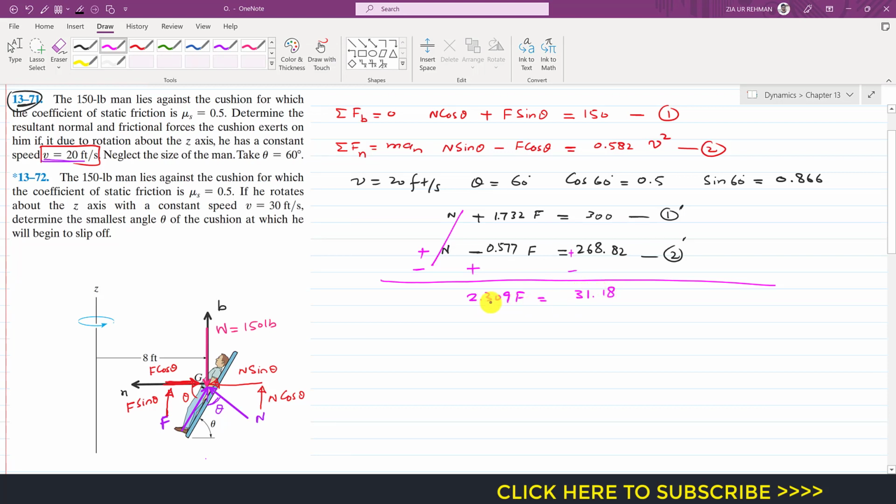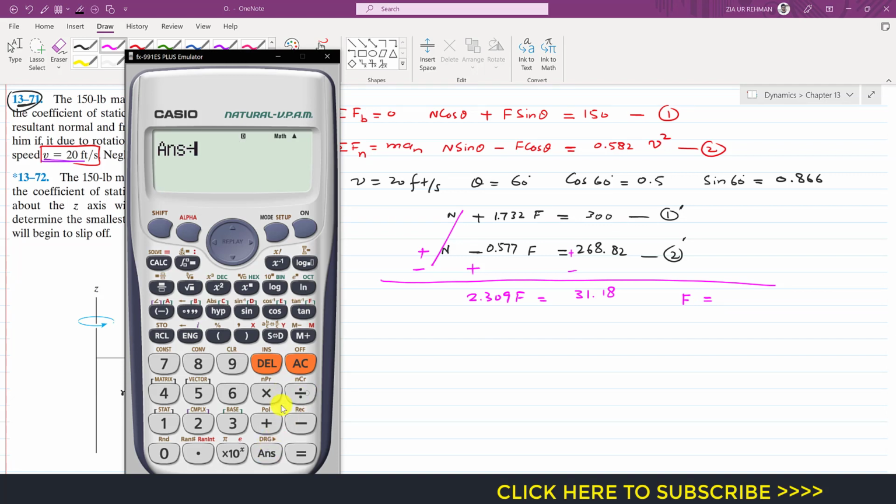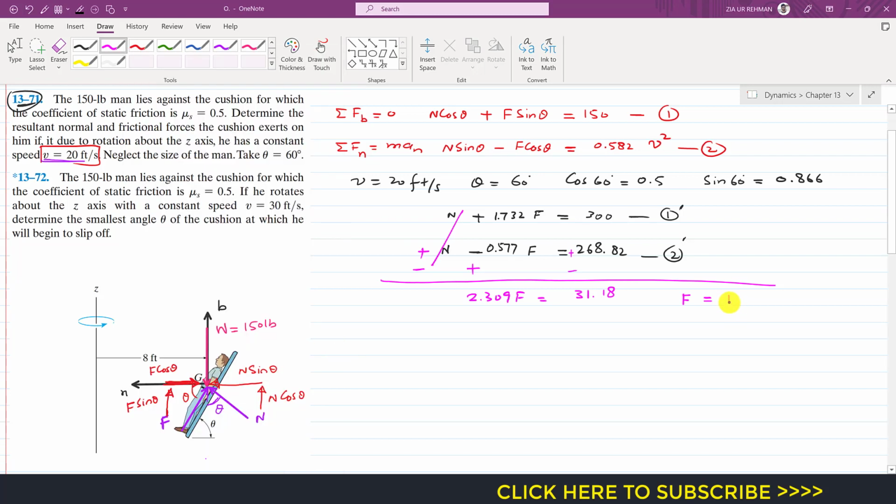If I divide both sides of the equation by 2.309, we will get the F value for the first problem. So the friction force is 13.50 pounds.